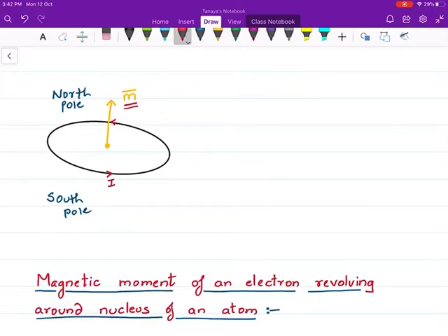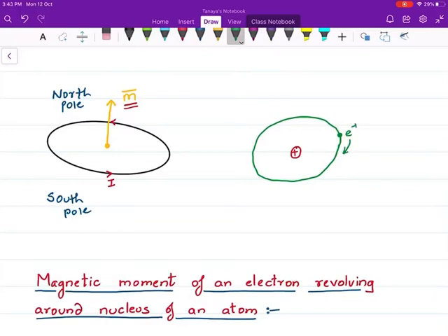So if I have an electron which is revolving around a nucleus, so this is the nucleus, say positively charged nucleus is there. There is an electron, which is revolving around this nucleus, say in the clockwise direction.